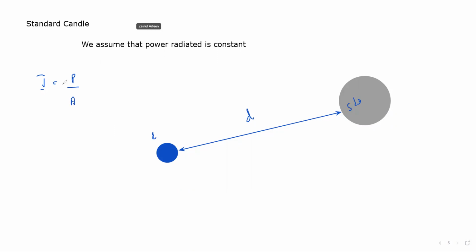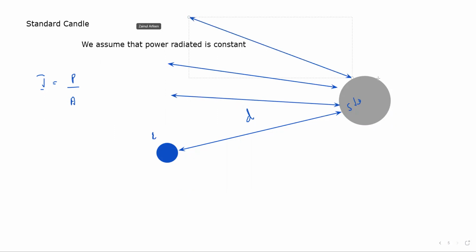But when we calculate area, the distance between Earth and the star is d, but there are so many points at a distance d away from this star. This star is emitting radiation in all directions, and the same distance d will be there.